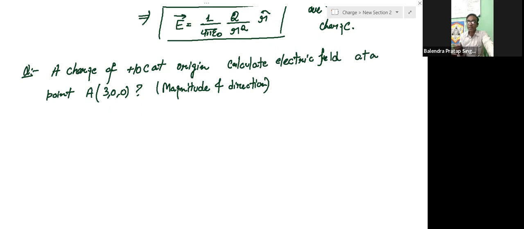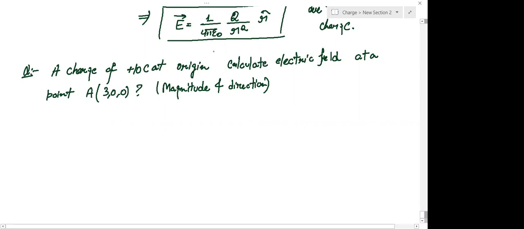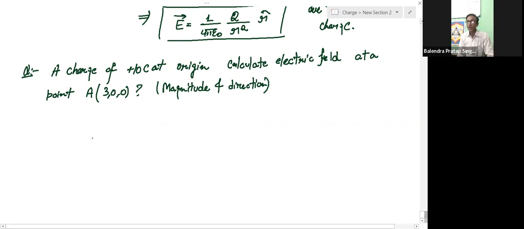Origin means, if I draw a graph, what are the two axes in a graph? X and Y axis. Both are perpendicular, so if I draw a graph, these two are axes.